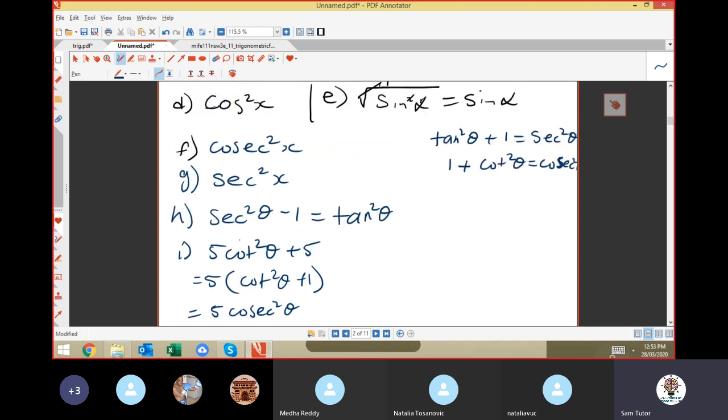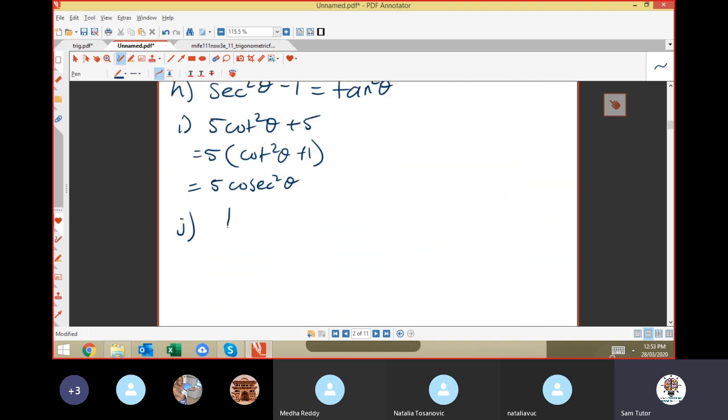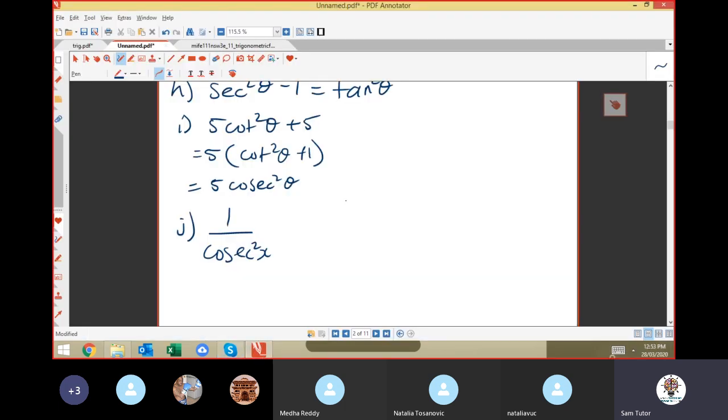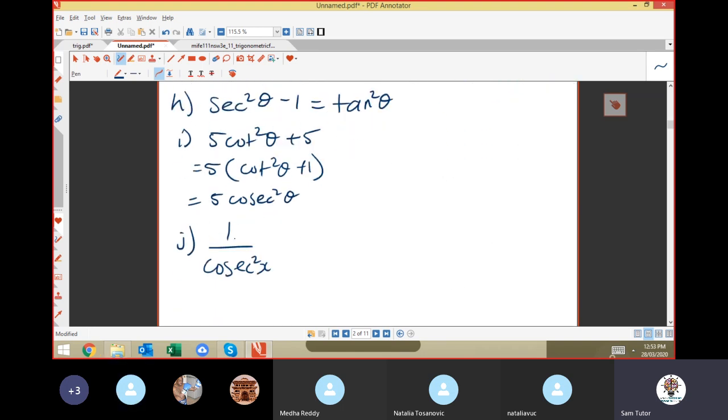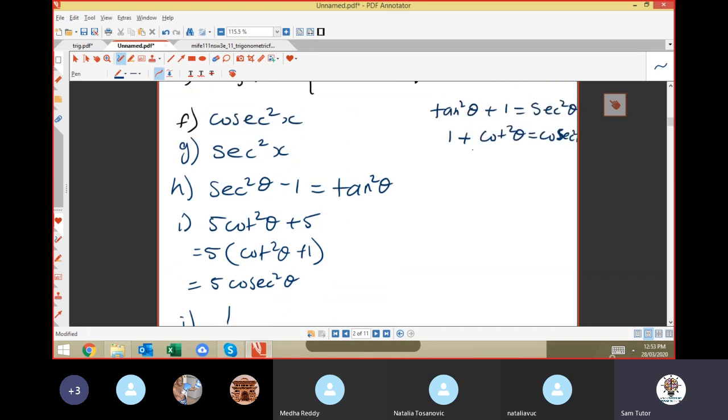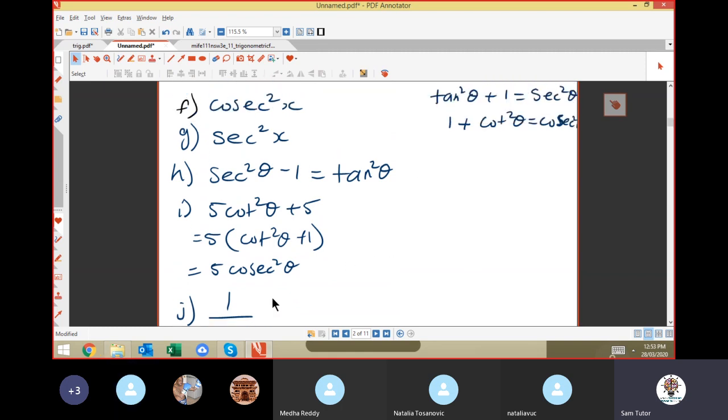J. J said 1 on cosec squared. All right, let me pick somebody. Yeah, Giovanni, let's do this one together. Cosec squared becomes 1 plus cot squared, right? You could put that in, but cot itself is a fraction, isn't it?